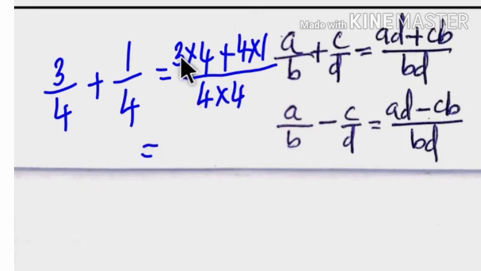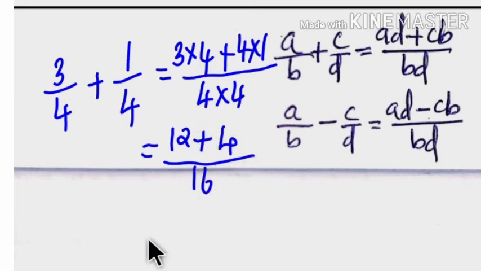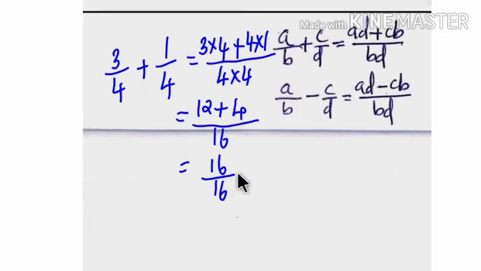That is 3 into 4, 12, plus 4 into 1, 4, divided by 4 into 4, 16. So 12 plus 4 is 16, divided by 16. We know 16 by 16 is 1. Any number divided by the same number is equal to 1. So the answer of 3 by 4 plus 1 by 4 is 1.